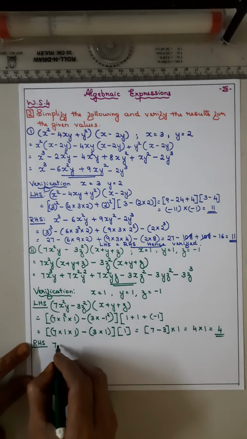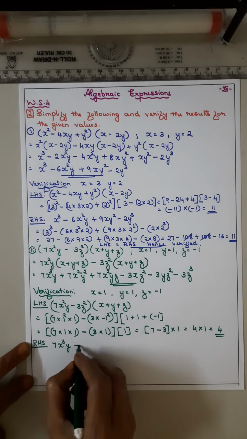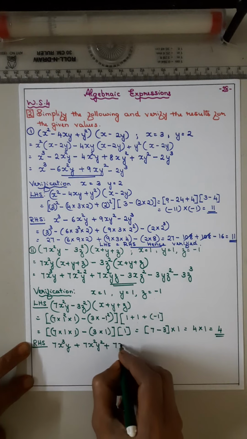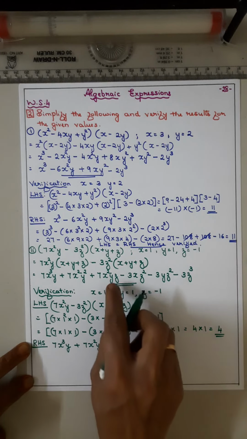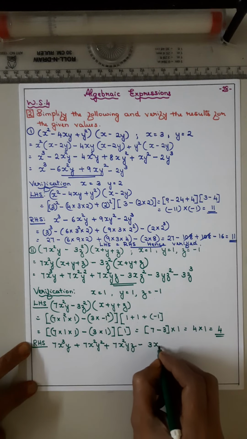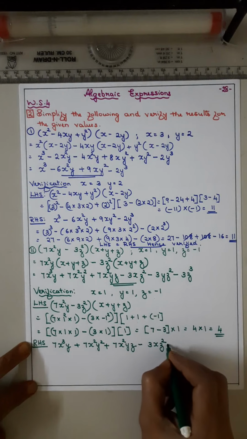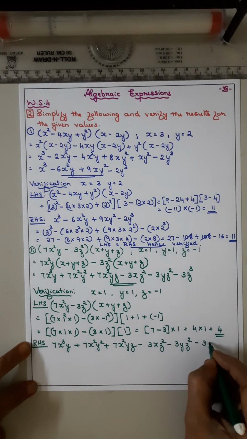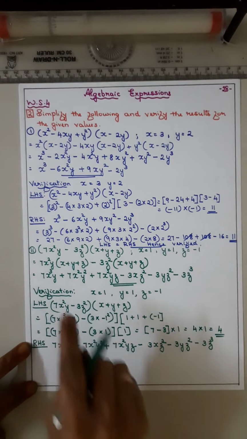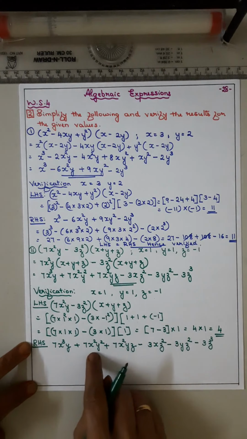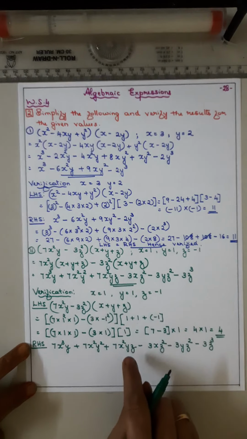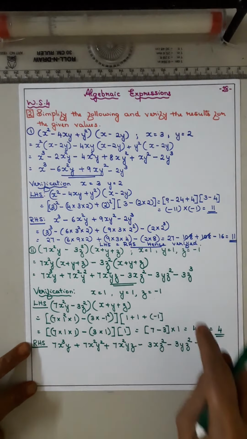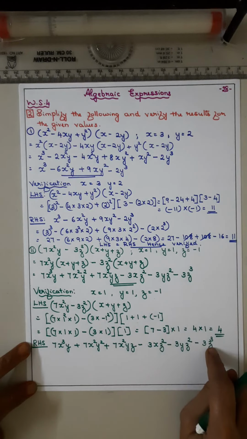It is 7x cube y plus 7x squared y squared plus 7x squared y z minus 3x z squared minus 3y z squared minus 3z cube. 7x cube y plus 7x squared y squared plus 7x squared y z plus minus 3x z squared minus 3y z squared minus 3z cube.